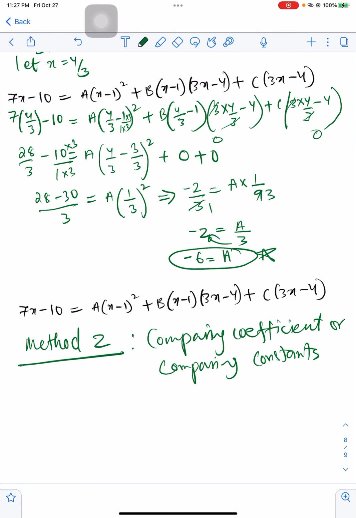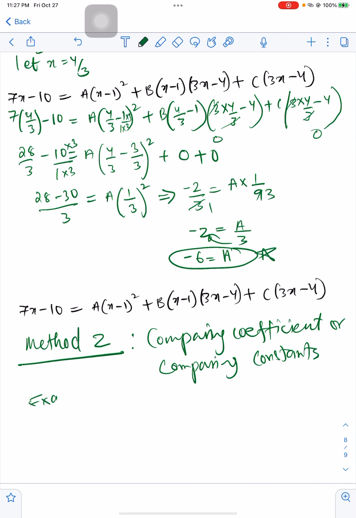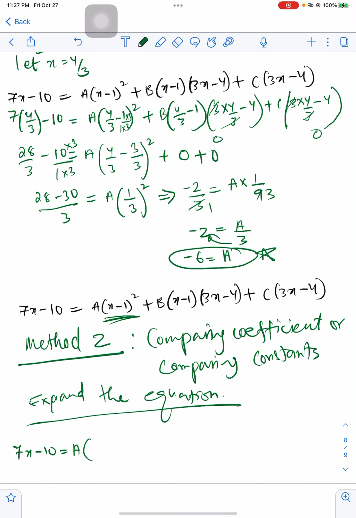So for that matter, you need to expand the bracket. Expand the equation. So 7x minus 10 equals a, so try to expand x square minus 2x plus 1 whole square.